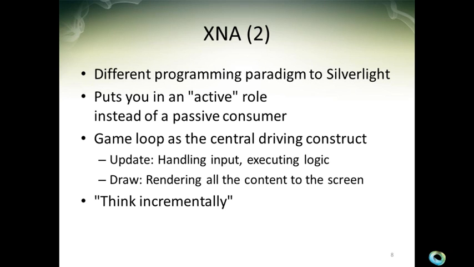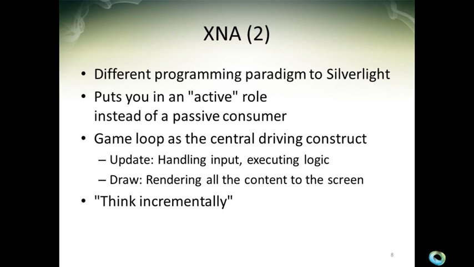The game loop also forces you to, what I call, think incrementally, which means if you want to move an object from one end of the screen to the other end in about 1 second, you cannot do that in one method invocation. Your update method that is responsible for moving objects around is invoked about 30 times a second.